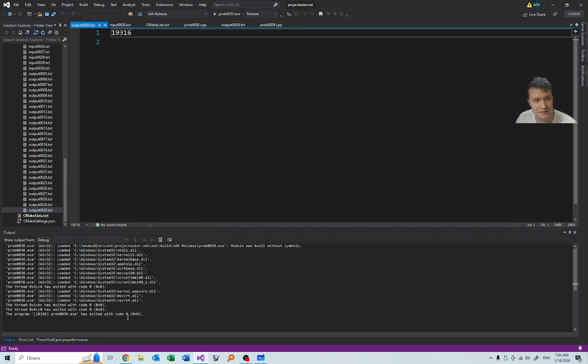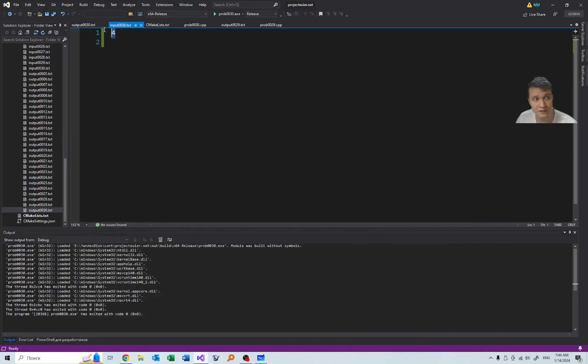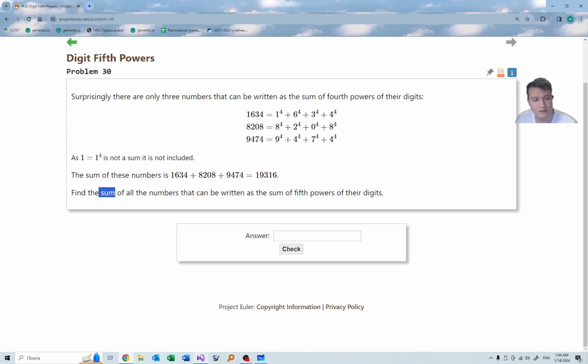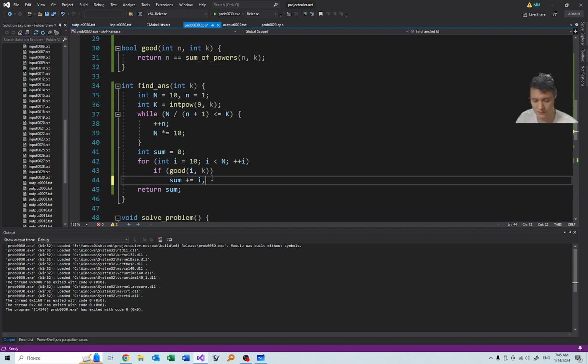It says that it is 19,316, and this is correct. Now let's look at the fifth thing. Yes. For the sake of our interest, let's print it.